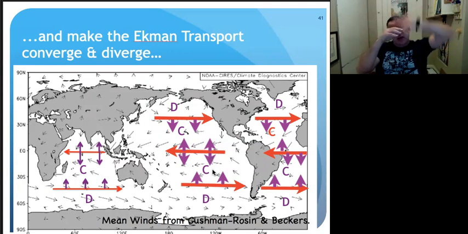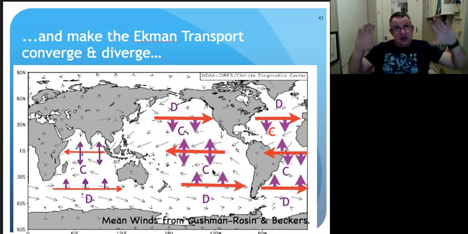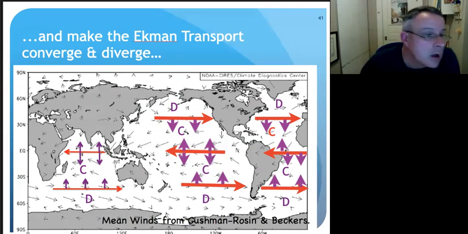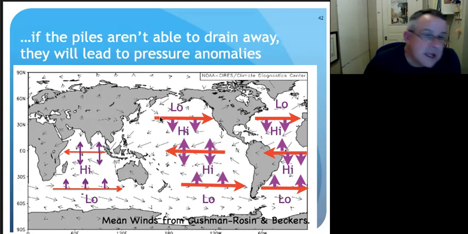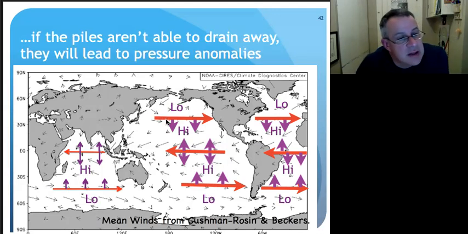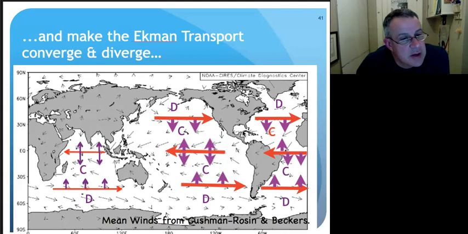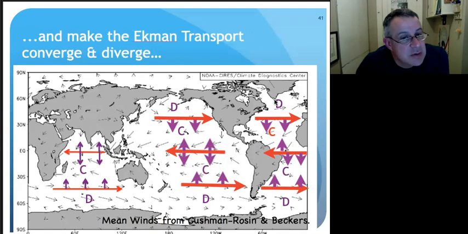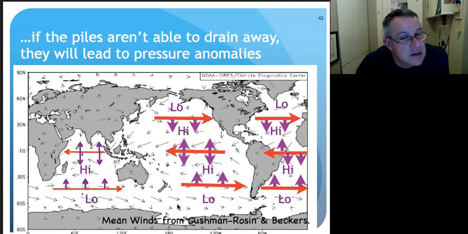So it's going to lift up the surface and push down the pycnocline. Or if you have a divergence, it's going to depress the surface and suck up the pycnocline from below. Which means that within the surface layer, everywhere there's a convergence, we would expect to have high pressure from the sea surface height. Everywhere where there is a divergence, we would expect to have low pressure from the sea surface depression.